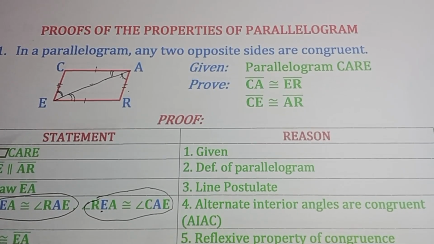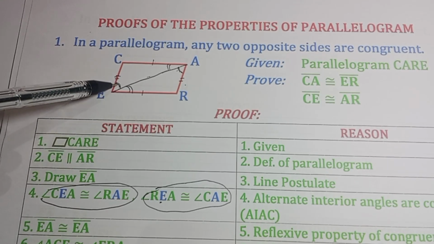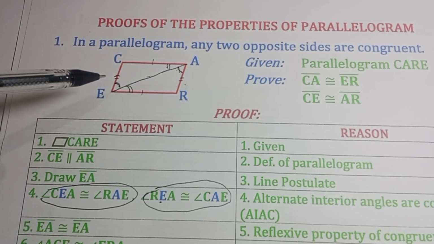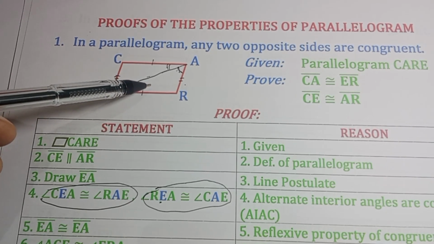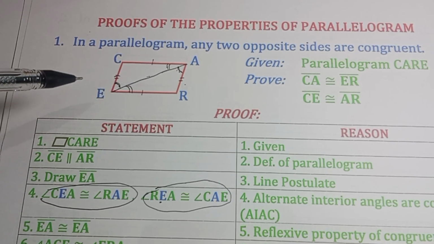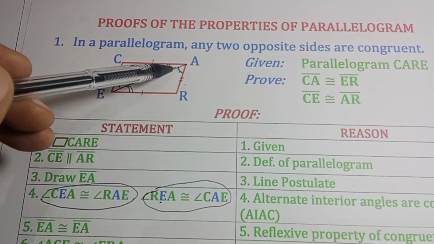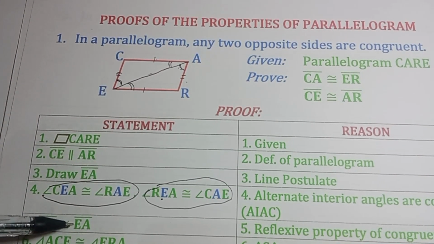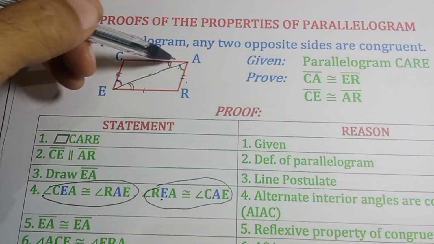Okay, so let's go back to this figure. We already have two corresponding parts that are congruent. It says that in order to make two congruent triangles, we need to have three corresponding parts that are congruent. So we need this diagonal. So we have EA is congruent to EA.